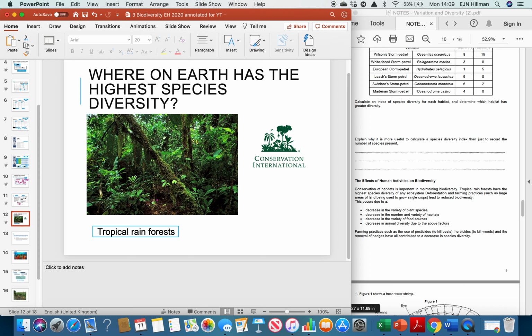Big clearances of forest to provide grazing land for cattle. That cattle is providing meat essentially to North America, and that's why we see big areas of Amazonia and rainforest in South America.